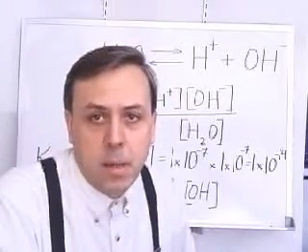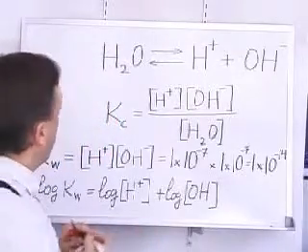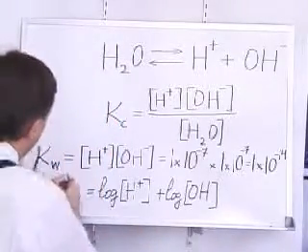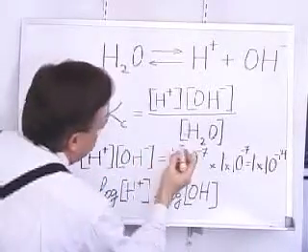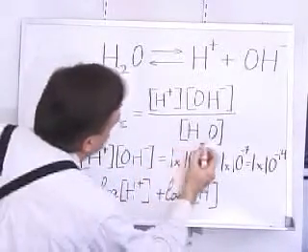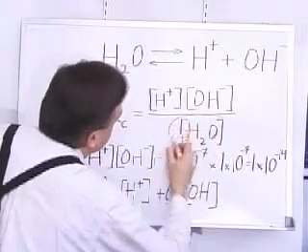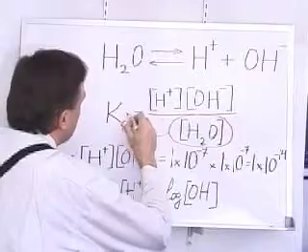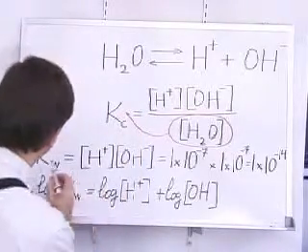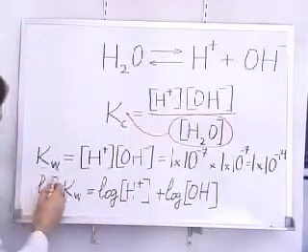Now let's go back to the ionic equilibrium in water. We may write the equilibrium constant, and in the expression of the equilibrium constant we notice that the concentration of the water molecules is constant, and it can be included into the Kc. Thus we obtain Kw.